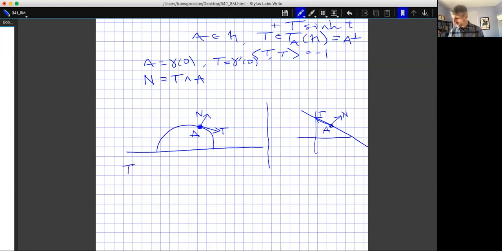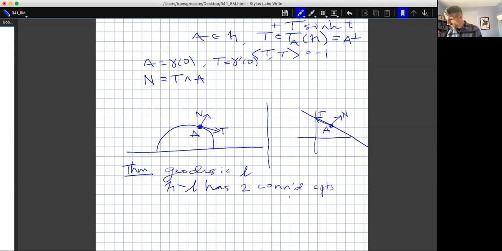So that's theorem 17.1 in the notes. This says that if we look at a geodesic L, and then we look at its complement inside of the hyperbolic plane, this has two connected components.